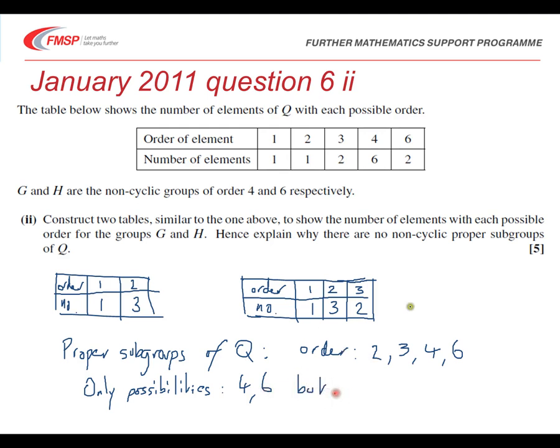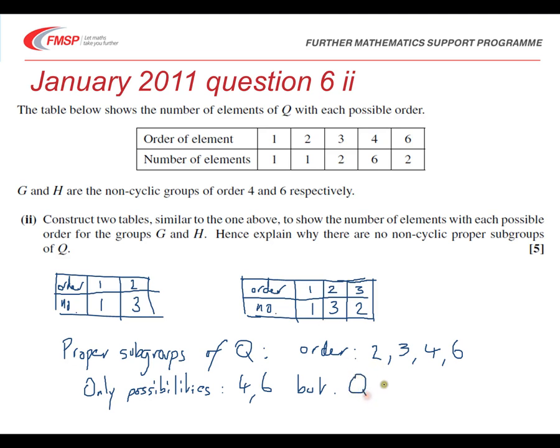But when we look, to get a non-cyclic group, we'd either have to have 3 elements of order 2 here or 3 elements of order 2 here. But our original group only had 1 element of order 2. It only had 1 self-inverse. So we can't find a subset of this that could make up these tables.